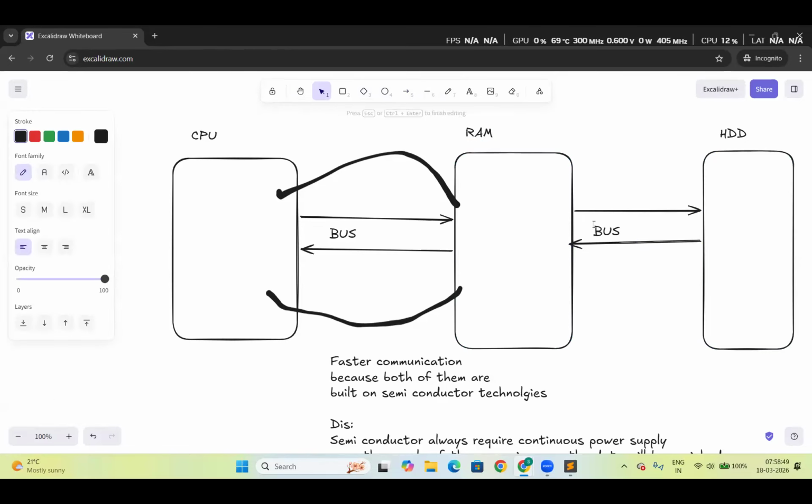Now, what is happening here? HDD, that is hard disk, doesn't require continuous supply of power. It is non-volatile in nature.